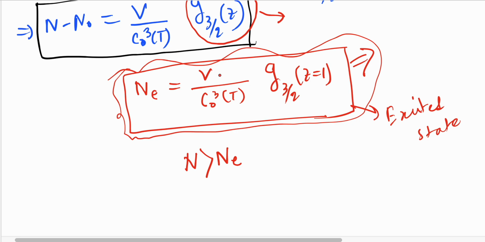So obviously the other particles should sit in the ground state. That means n minus that number of particles should sit in the ground state.